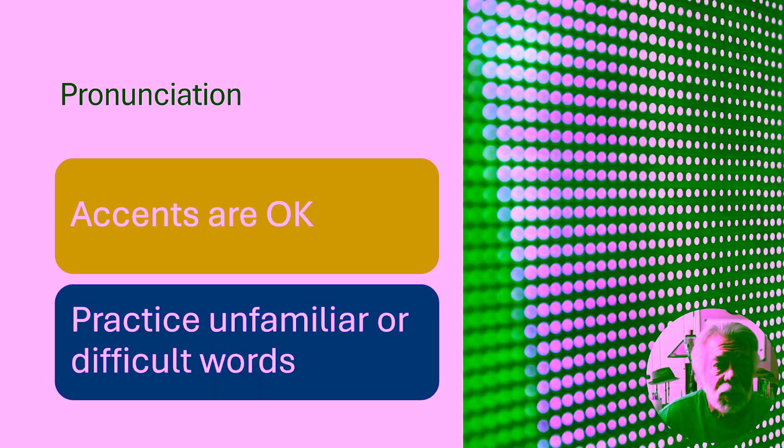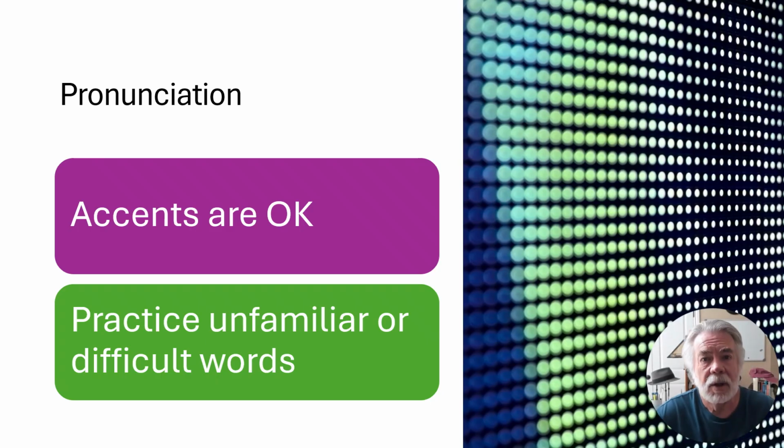And if you read through when you're rehearsing and you vocalize your presentation and you get to a word and you realize, I'm not sure how to say that, make sure you note it and go find out how to say that word.